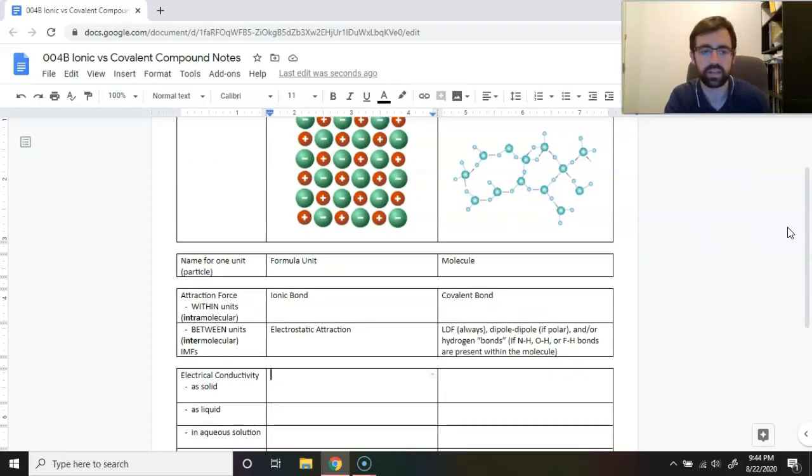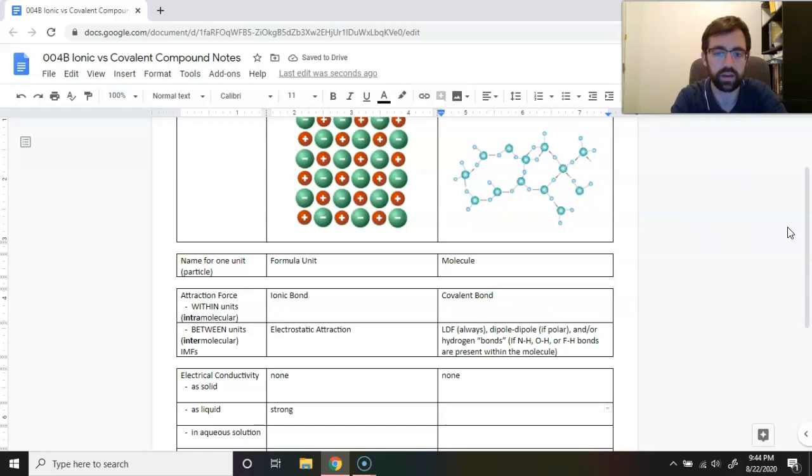Electrical conductivity as a solid: there's none in the solid state of matter for ionic or for covalent. What about a liquid? Well, an ionic compound, if you melt it, it has a strong conductivity.